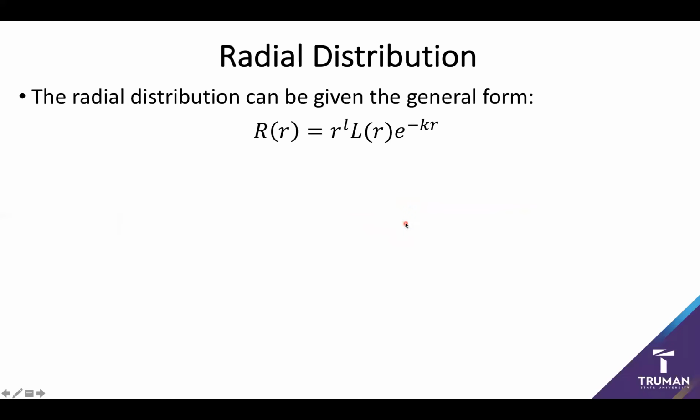And as a consequence, what we're going to find is a general form of a radial distribution. At short ranges, we're going to be dominated by this radial term, where I'll have larger probability densities further out as L gets larger.